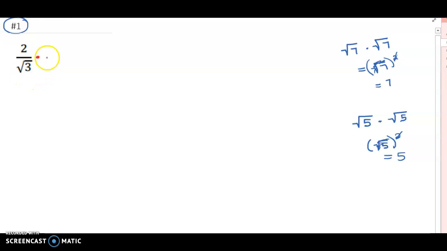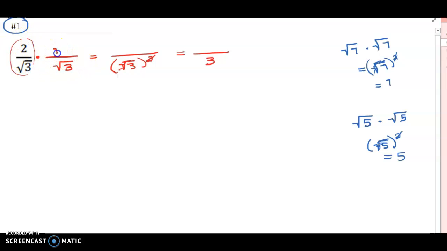So if I multiplied the square root of 3 by the square root of 3, I would get the square root of 3 squared, which squared and square root cancel each other out, is just 3. Okay, but I can't just multiply the denominator by the square root of 3 because I'd be changing the whole thing. What I can do is I can multiply this over by 1.